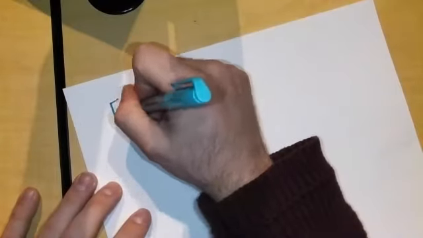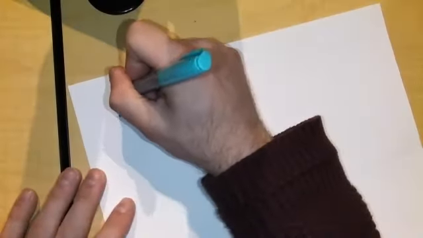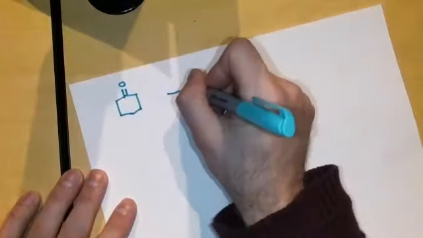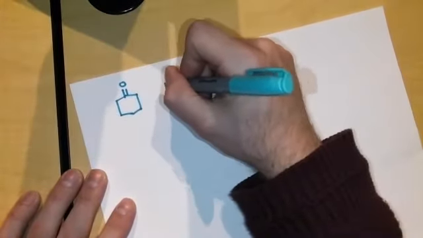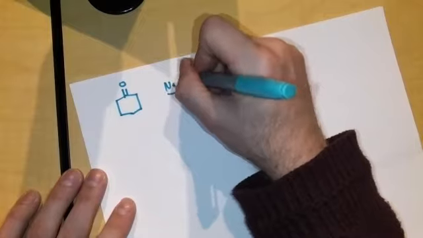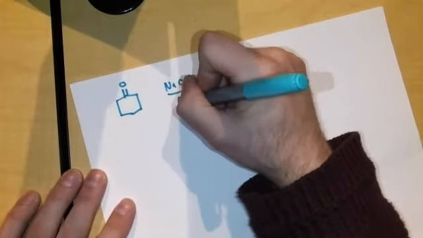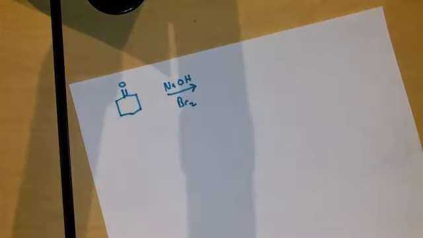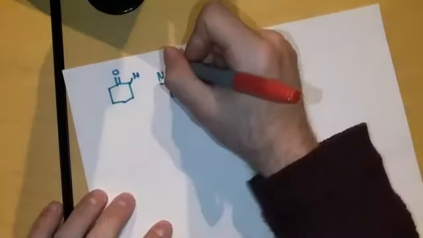All right, we can also do this with base. It'll be very similar. So throwing in, let's start with NaOH as a base, and Br2. So we could pull off one of these protons.